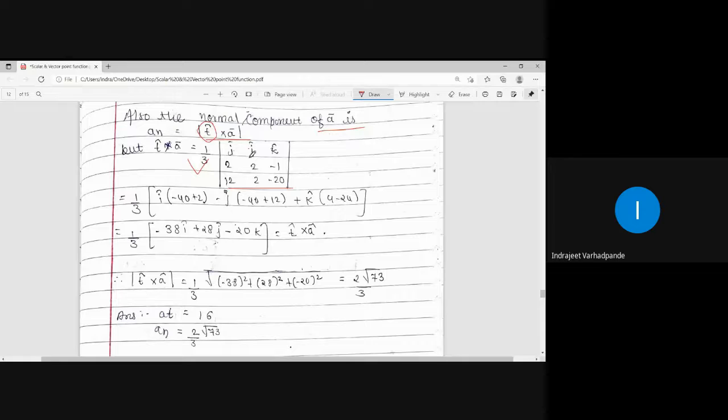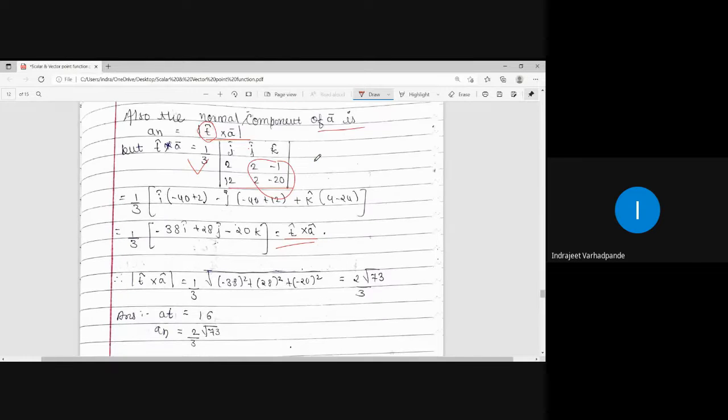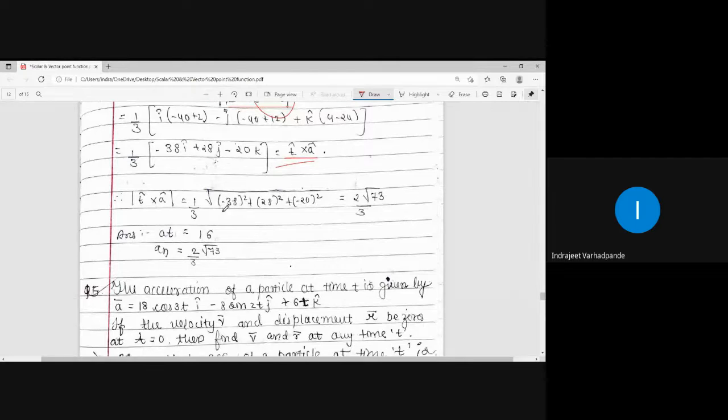Simplify this determinant, i multiplied by this product, j multiplied by the value, and that determinant will give you t cap cross a bar. But this is simply the cross product, and we take its magnitude, that is, under root of this square plus this square plus this square. So we are getting the answer as 2 root 73 upon 3.